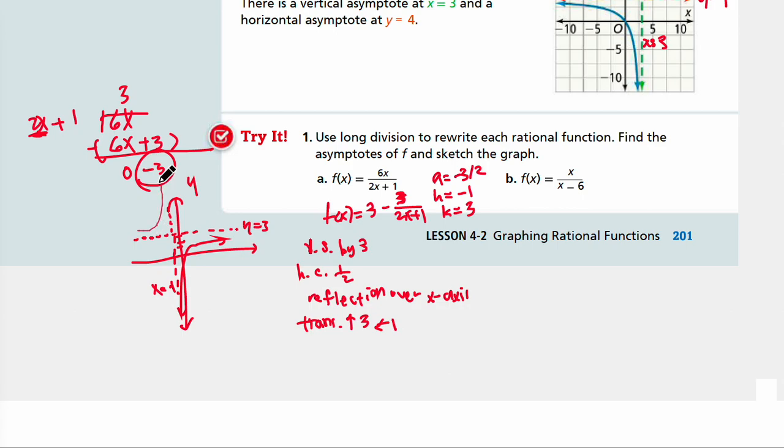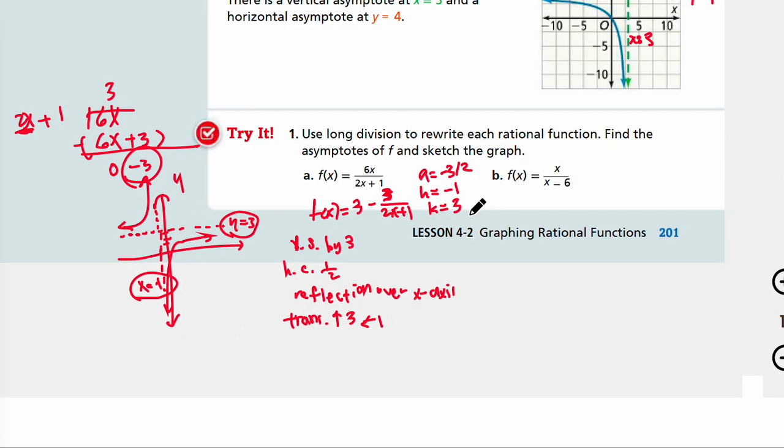So you can graph something like this. The asymptotes are y equals 3 and x equals negative 1 for part A, and this would be an approximate sketch of the graph, not an accurate one.